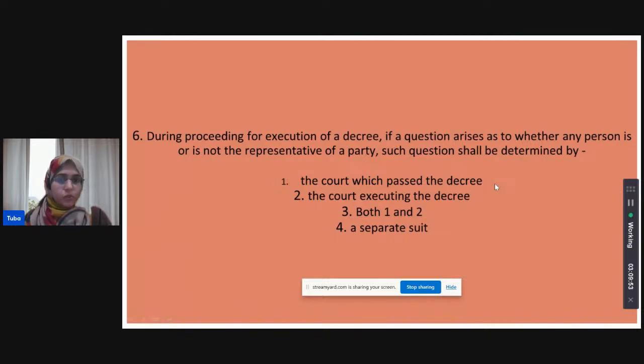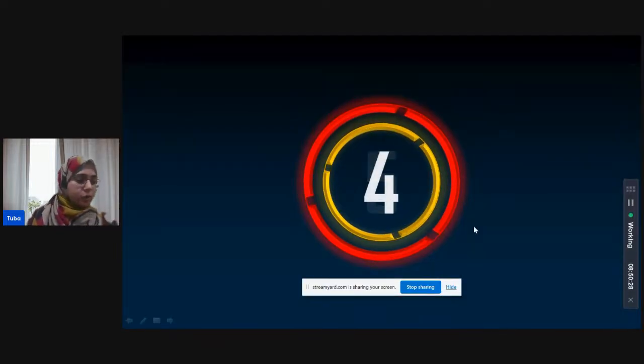Is it the court that is executing the decree? Will both courts be allowed to determine this question? Or will we create a separate suit to determine this question? I'll start the timer. Some think it's both one and two, some think it's the court executing the decree, some think a separate suit is required.